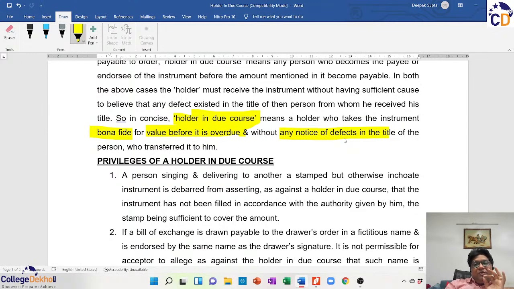And if B knew that there is some default with the ownership of A, then obviously B will not accept such instruments.